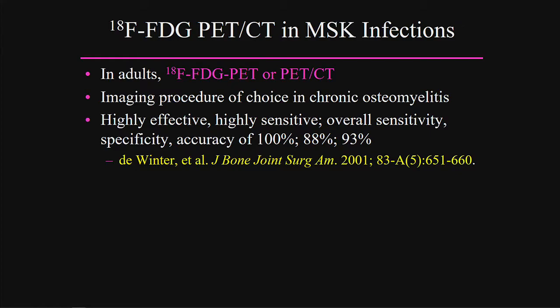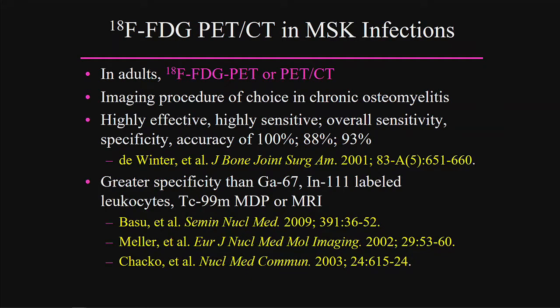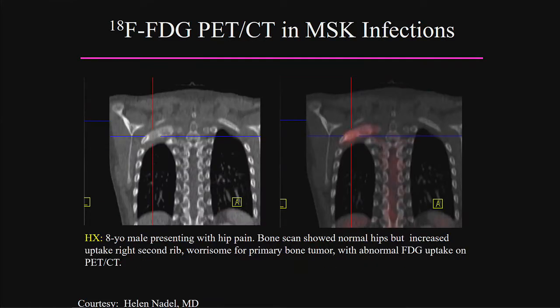In adults, however, FDG PET or PET-CT is the imaging procedure of choice in chronic osteomyelitis, where it's highly effective, highly sensitive, and very accurate, with even greater specificity than any of the other agents, including gallium, indium, bone scan, or MRI. So here's some examples.